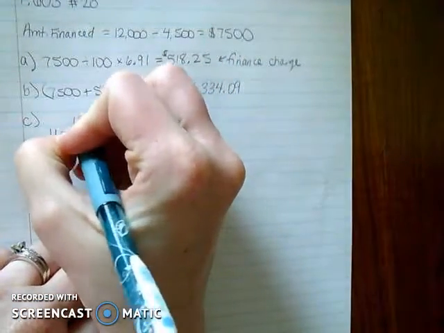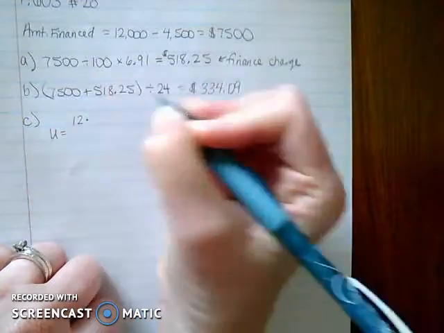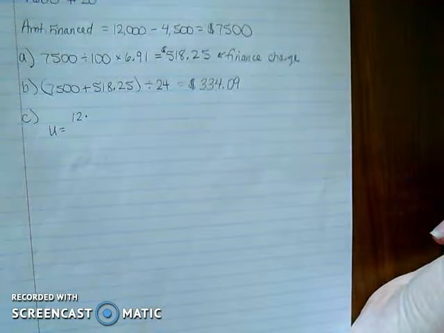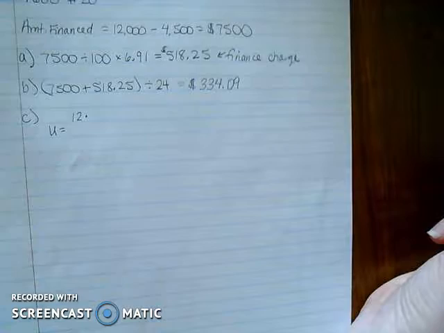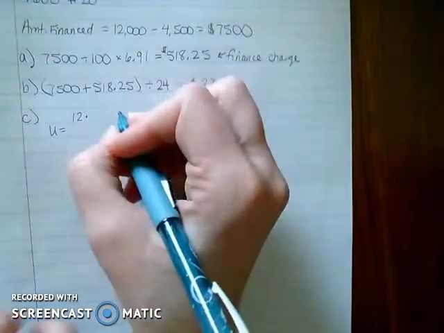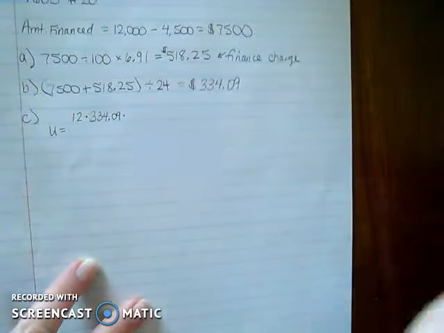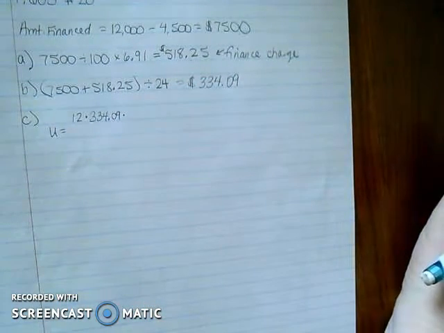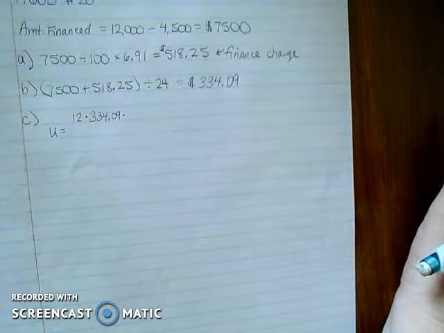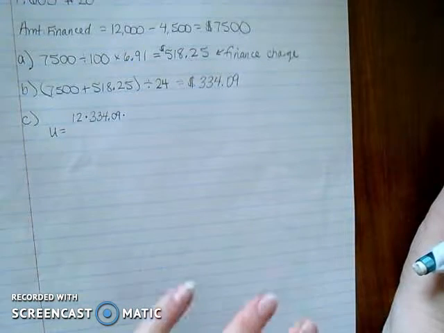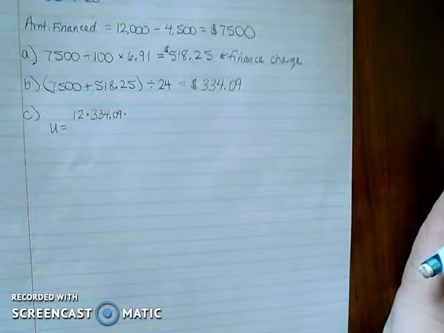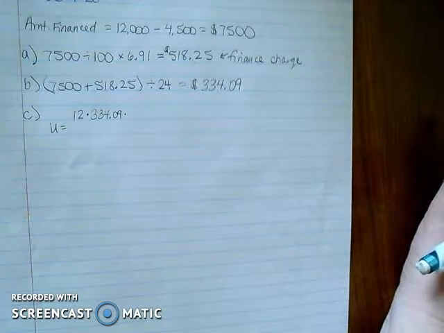So if it's the 12th payment, there will be 12 payments that he's not paying. Okay, so 12 times $334.09 times, again, now this is where we need to look in the big part of your chart. You need to look up 12 now. Instead of looking up the 24 row, you're going to look up the 12 row and 6.5%.